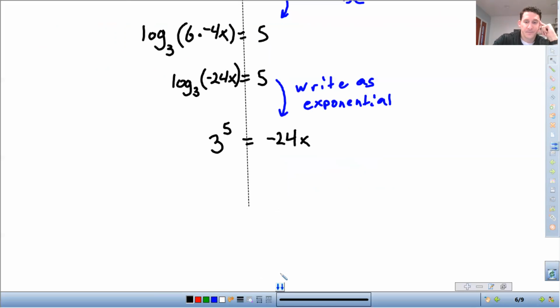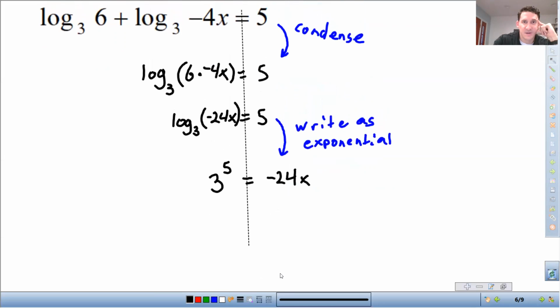From there, you just multiply that out. 3 to the 5th power is 243, equal to -24x. And then I'm going to divide both sides by -24.